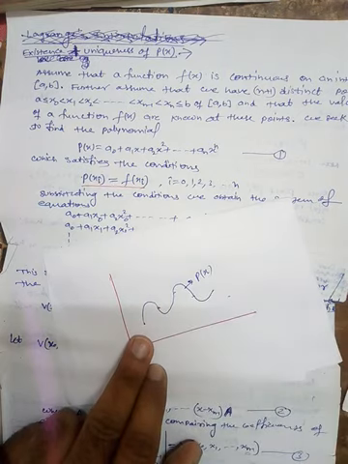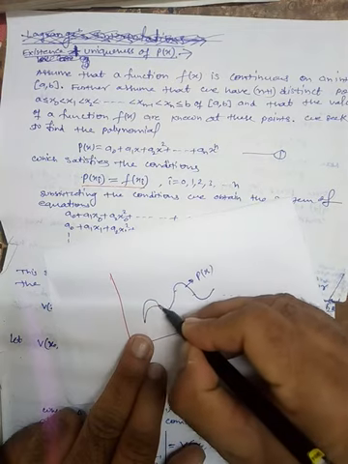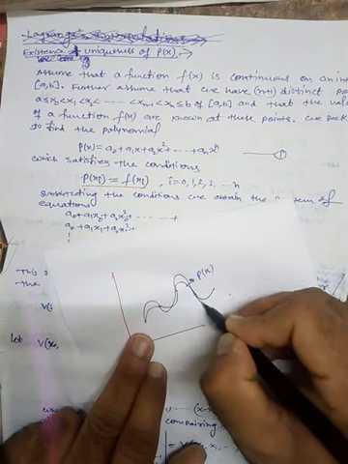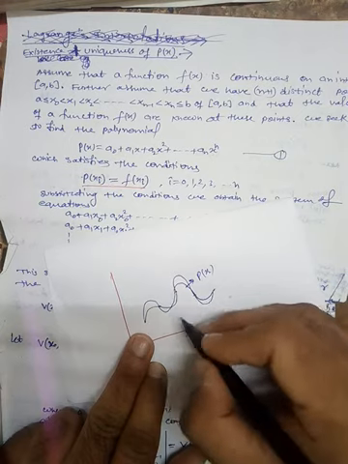Because you are fitting a polynomial, maybe it is possible that you have another p(x) like that, which is also satisfying all the conditions.